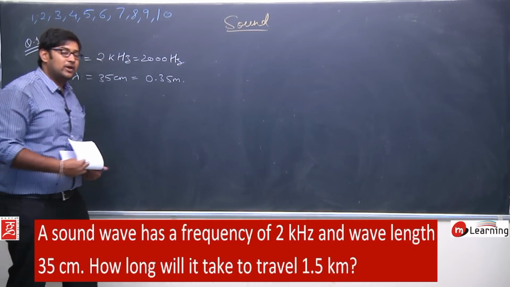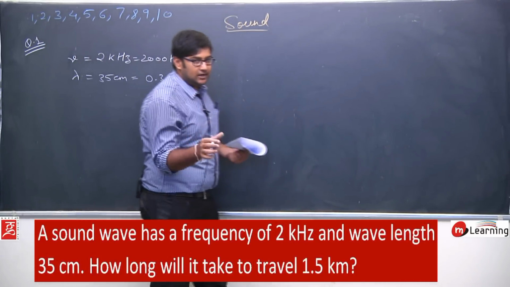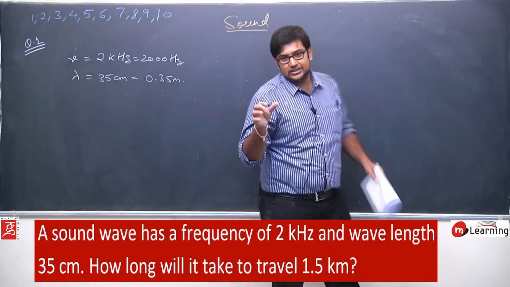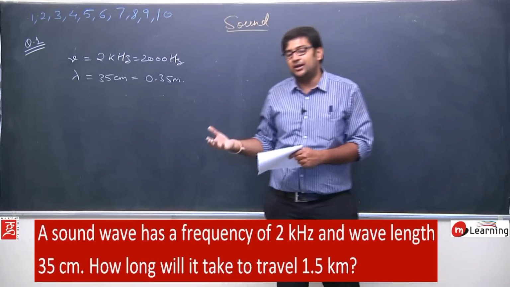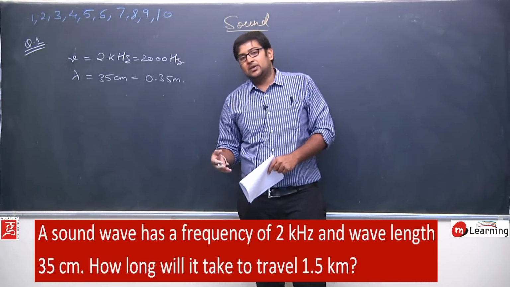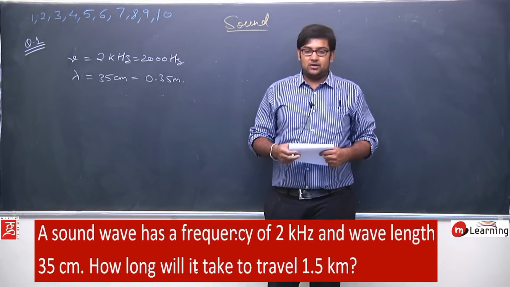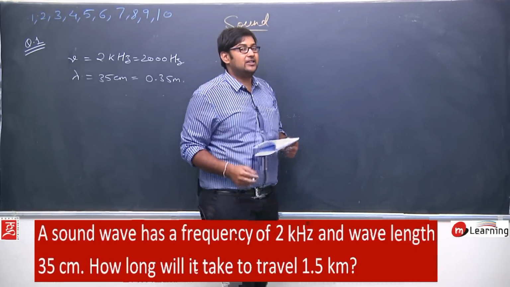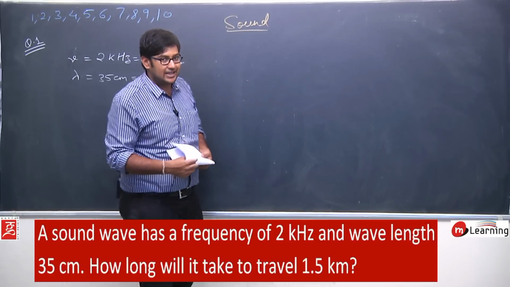So we have to calculate the time, and we are given the distance. If the distance is given and we have to calculate the time, what is the basic thing that we require? We need the speed, or the velocity, whatever you can say.